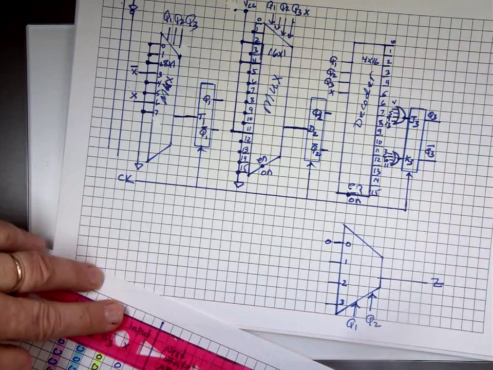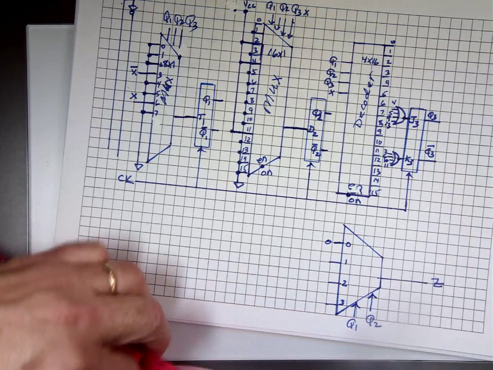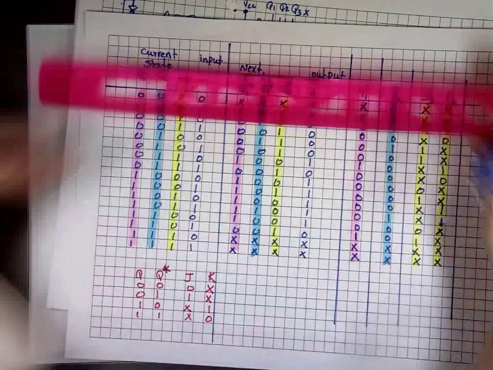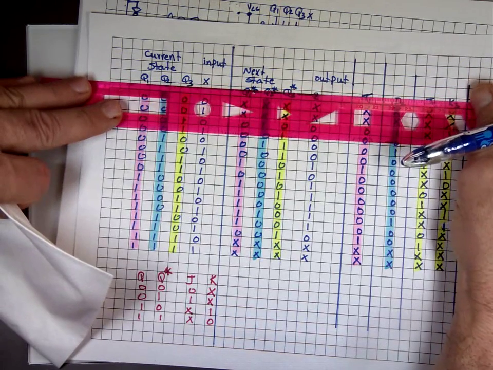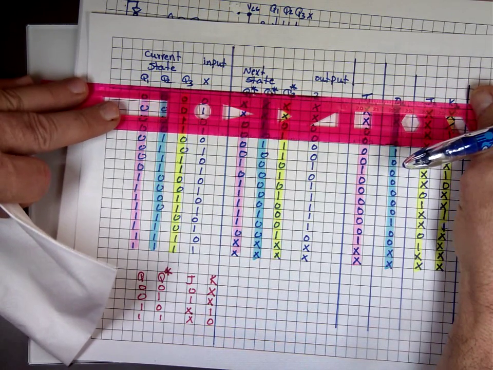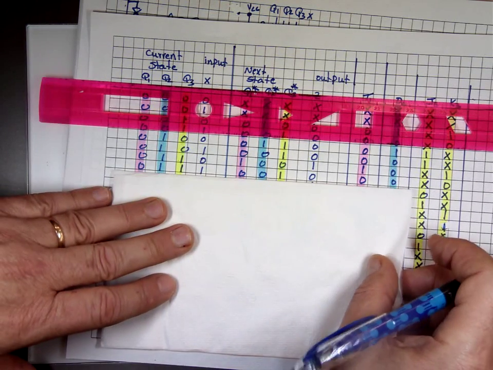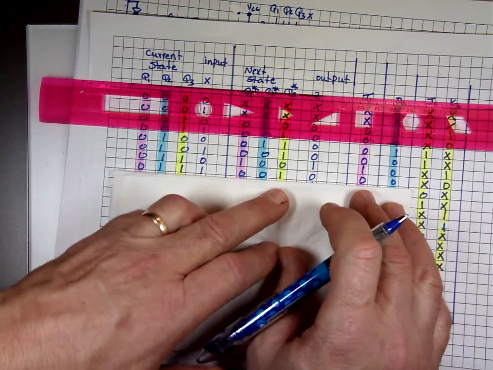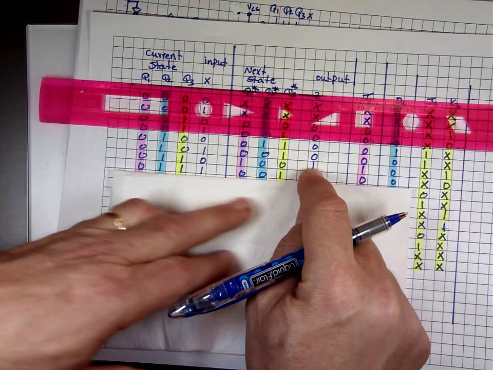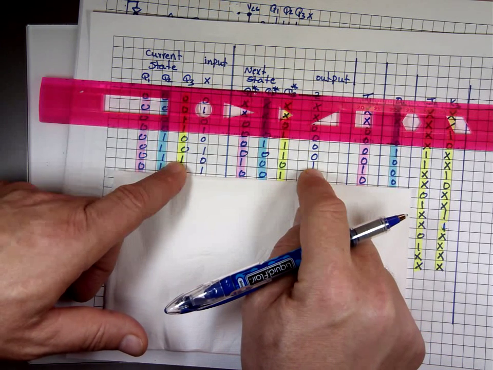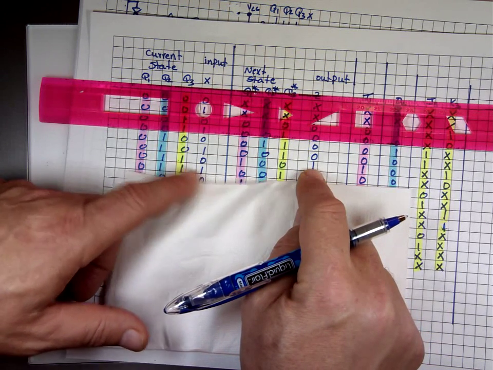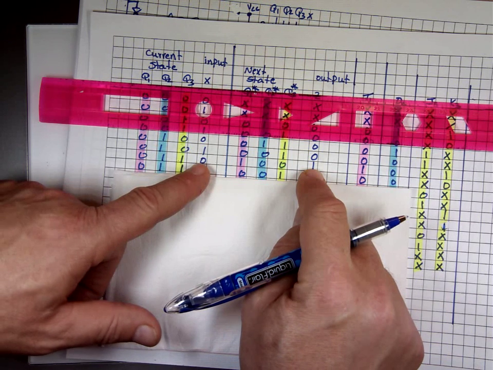The 0, 1, the next 4. 0, 1 begins here, and it ends right here. I want to have a value of 1 when you have 1, 0 for Q3 and X. Can you see that?